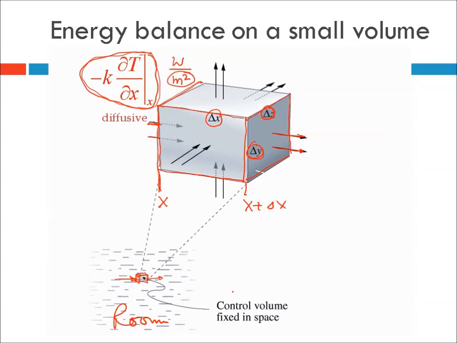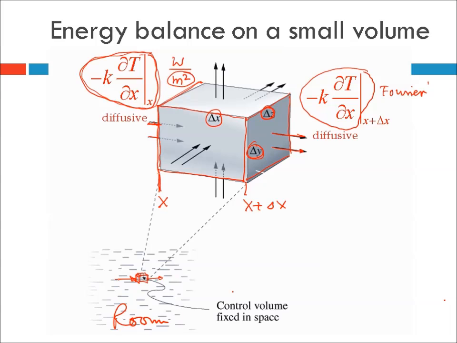And the amount that is going out would be written symbolically the same, minus k del T del x. This is my Fourier's law again, but evaluated at this point. So the temperature gradient can be different at that location.